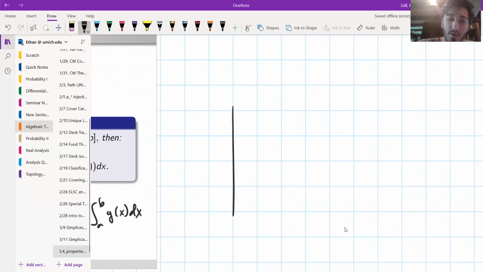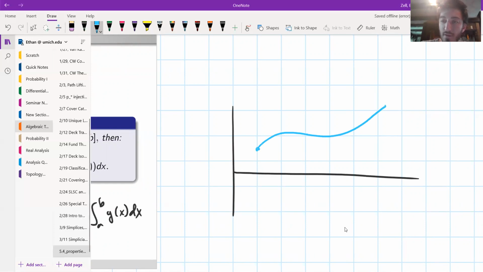So let's draw our coordinate axes. And then I have some function f, which is lying above some other function g, which maybe looks like that. And they're both living on the same interval, a to b.